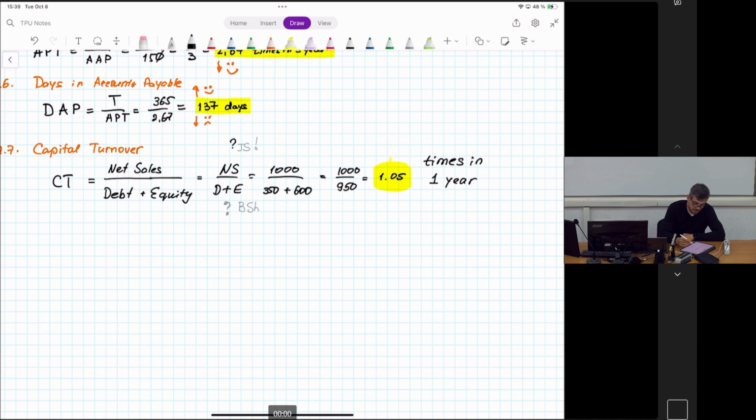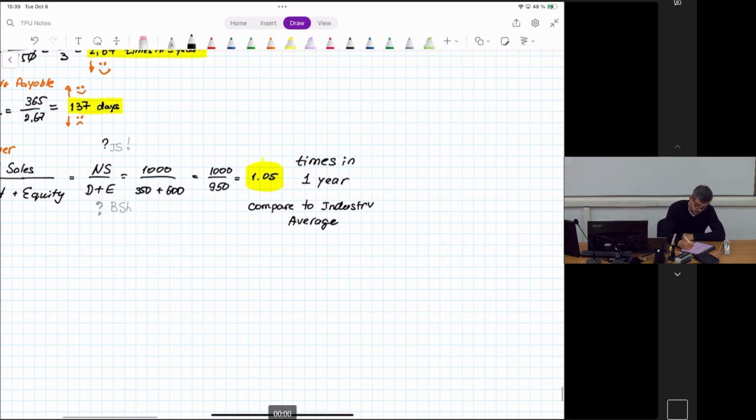Well, in this case, I say you need to compare to industry average. You need somebody as an example. And if it's higher than the industry average, it is good.